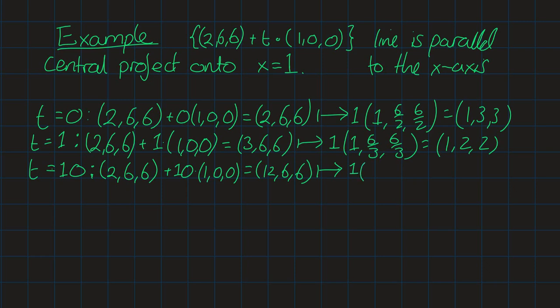And this gets mapped to (1, 6/12, 6/12), which is just (1, 1/2, 1/2).